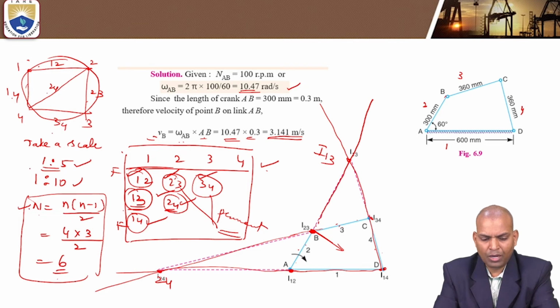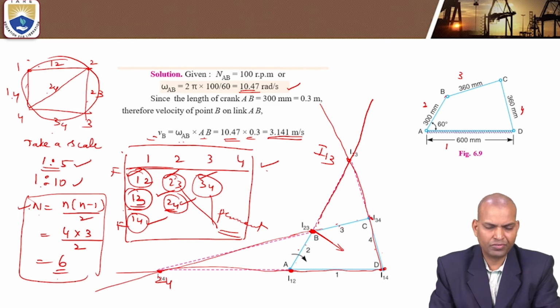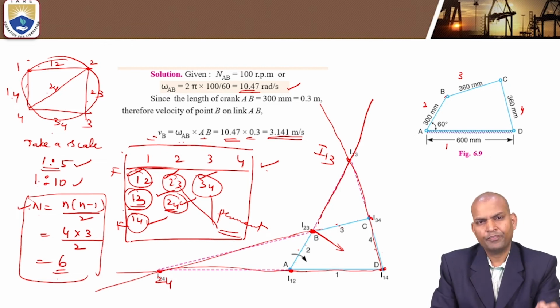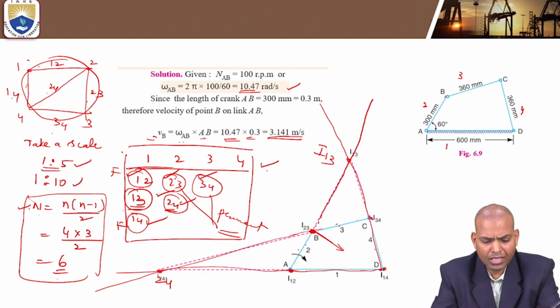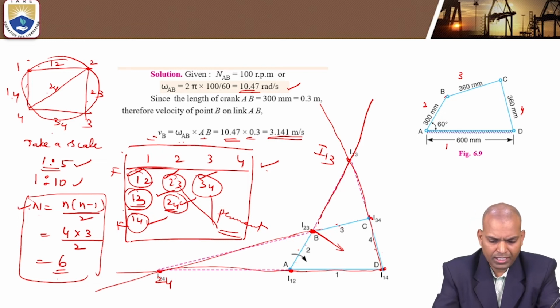We have to use an optimum level, not low, not high. If the reduction ratio is very high, then the accuracy of the results will be very poor. That is the manner we have to calculate.